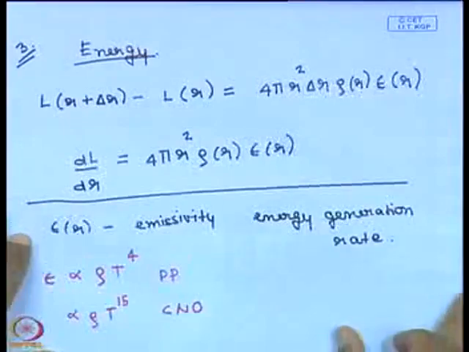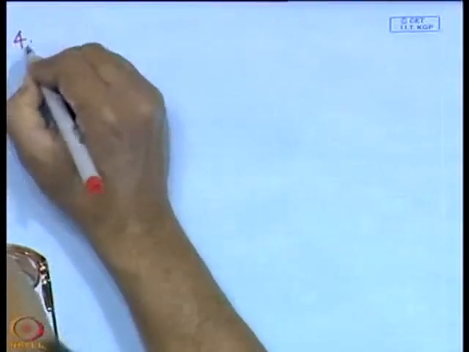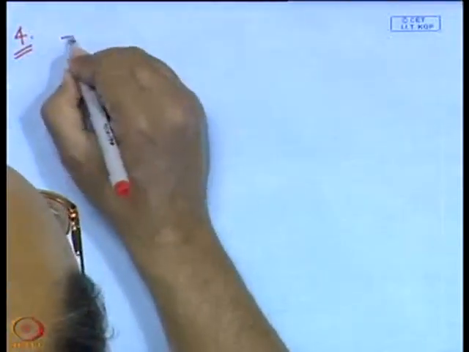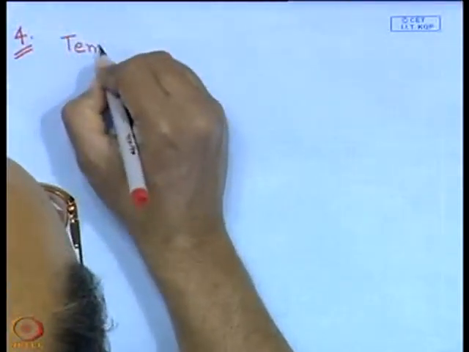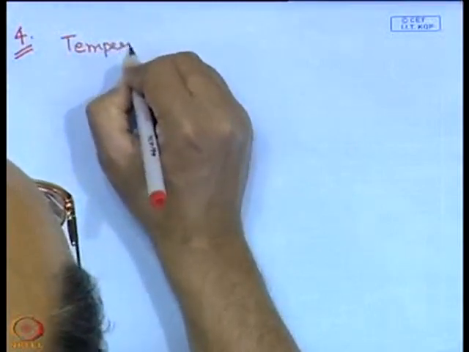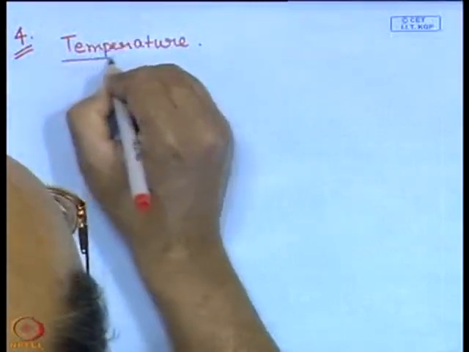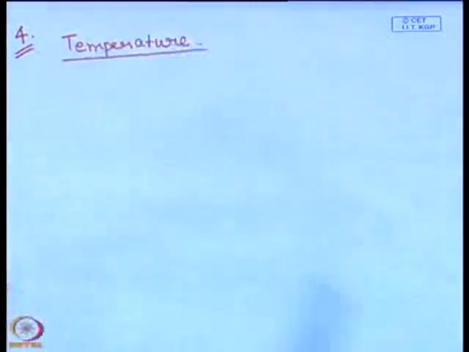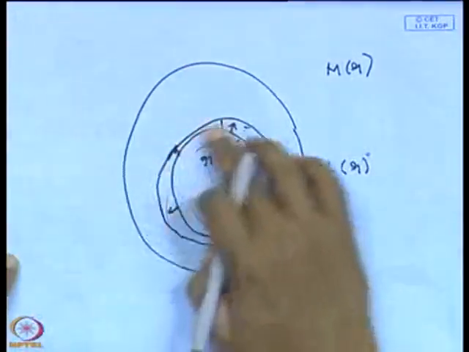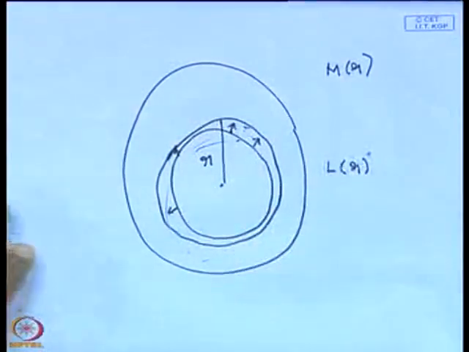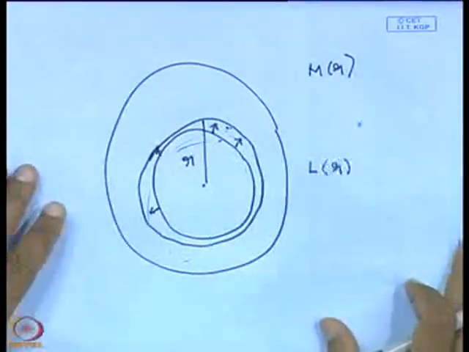Okay. So, that is the third equation. The fourth equation is the temperature. So, we need to know the temperature profile. So, how does the temperature change inside the sun?